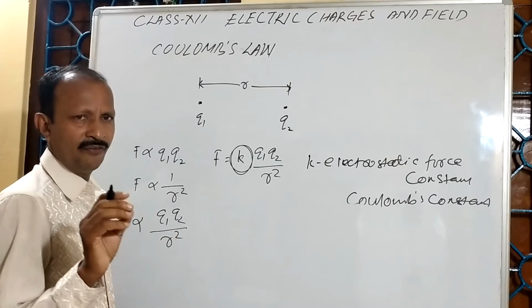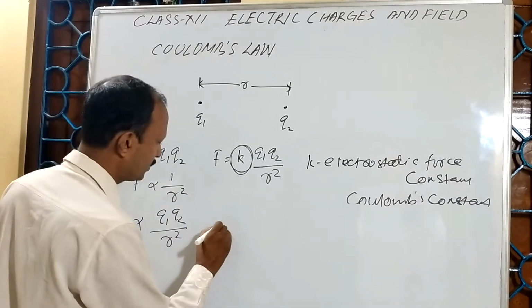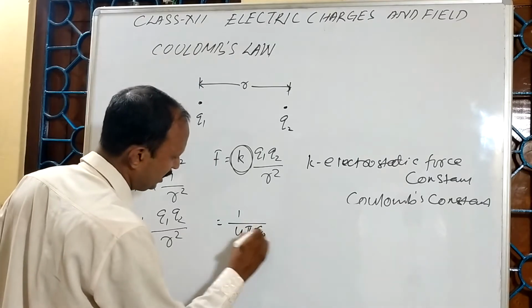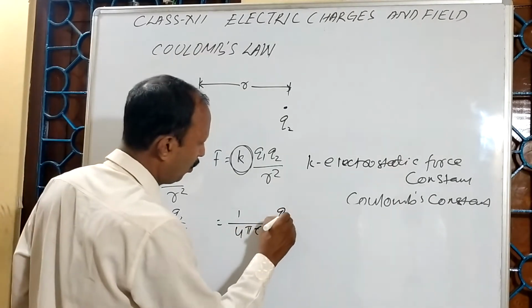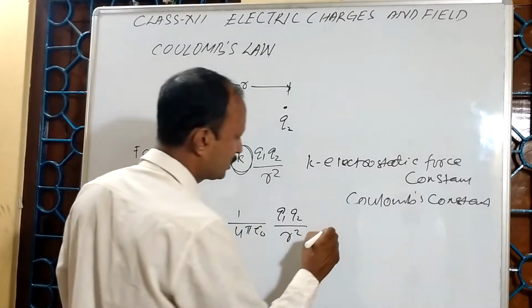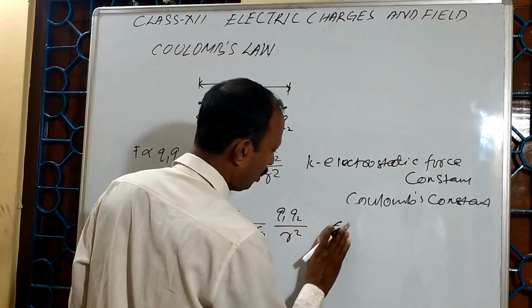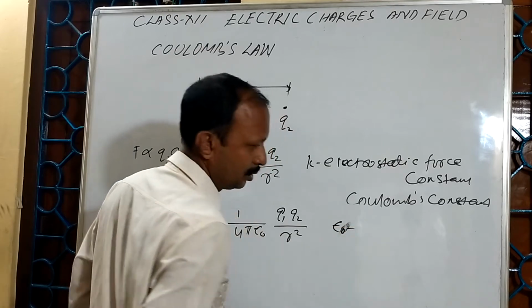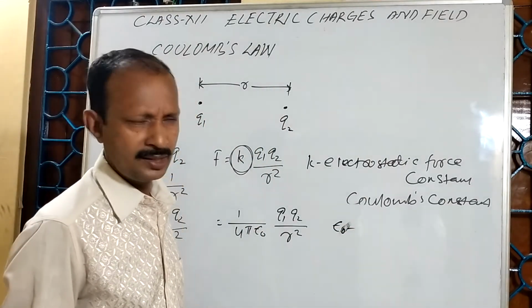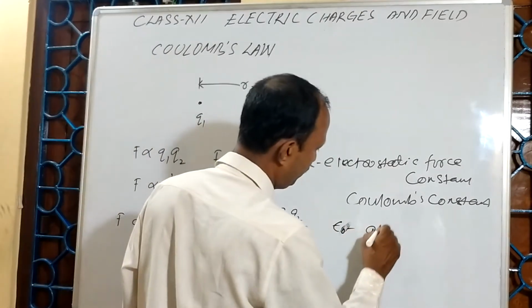Suppose it is free space, then I can say this is 1 upon 4 pi epsilon naught Q1 Q2 upon R square. This epsilon naught is called permittivity in free space, or absolute permittivity.